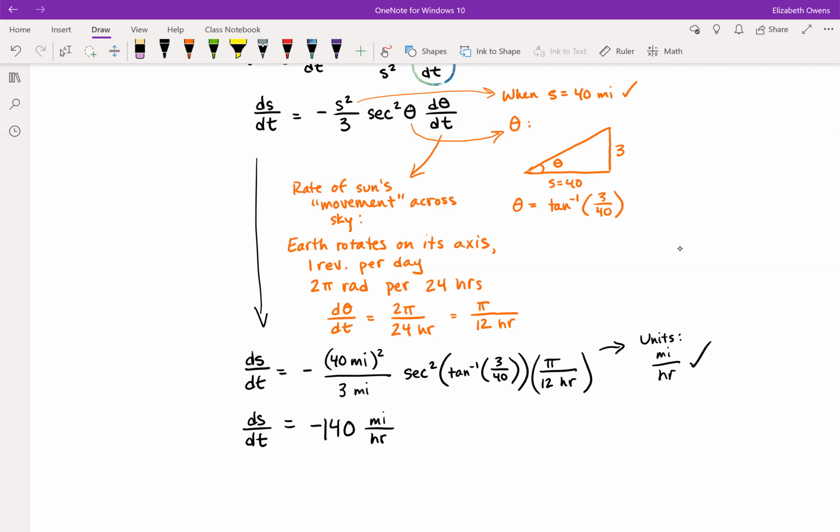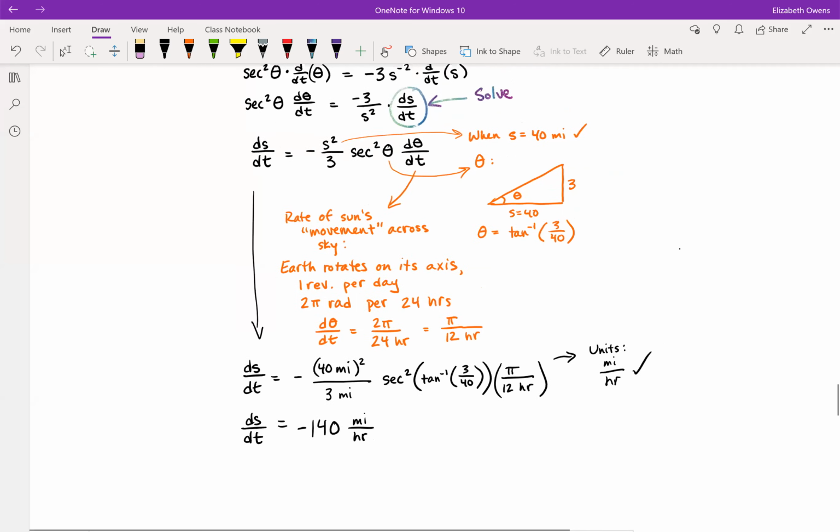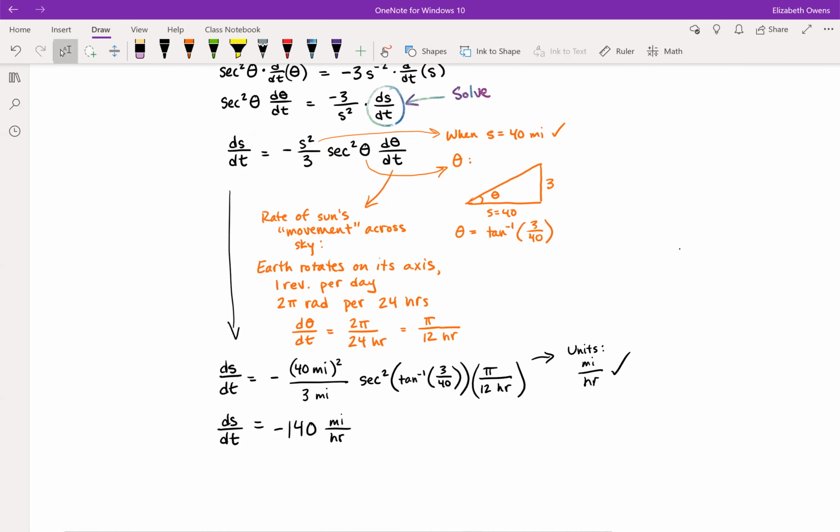And while that value might seem a little large, first off, notice how this is taking into account the movement of the edge of a shadow that is being cast by the sun. And it's a really long shadow at that. So the fact that this is moving rather quickly is actually semi-reasonable.